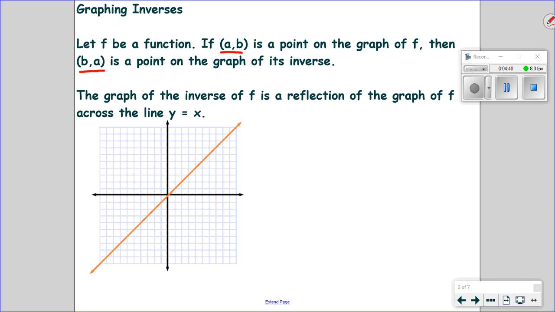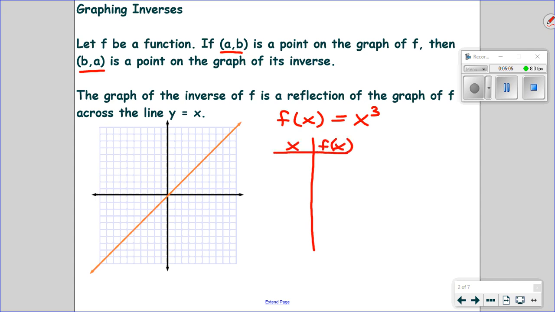So I wanted to show you an example because there is another relationship graphically, another way that we can find the graph of the inverse. So let's just pick a function for f. I'm going to use one of our parent functions, and I'm going to use x cubed. So let's say we just start with a table of values.